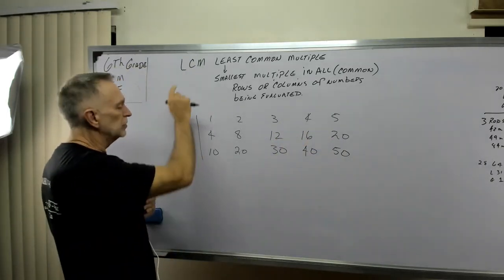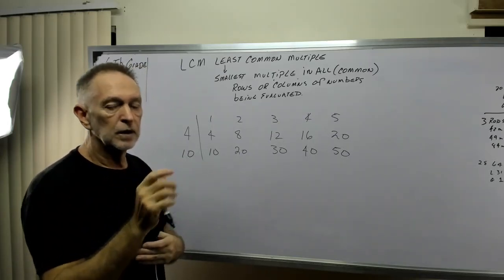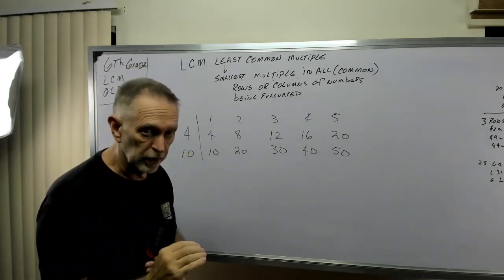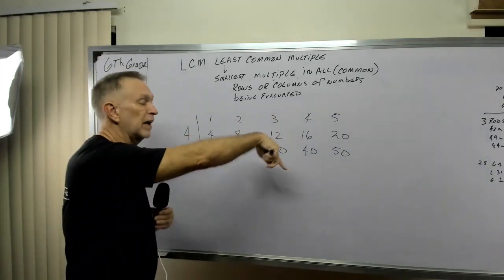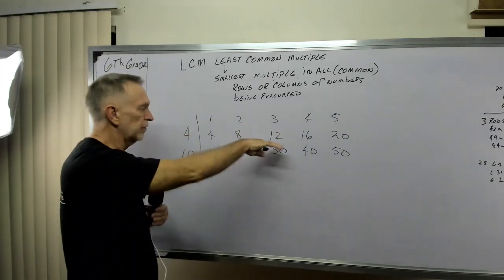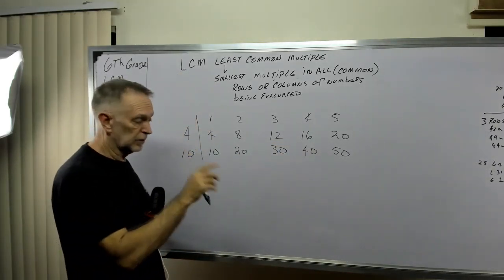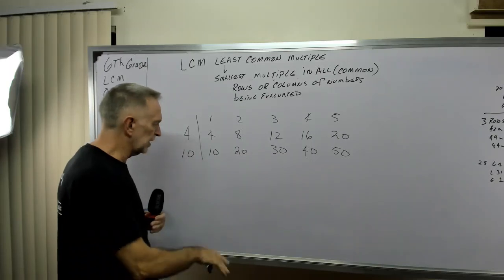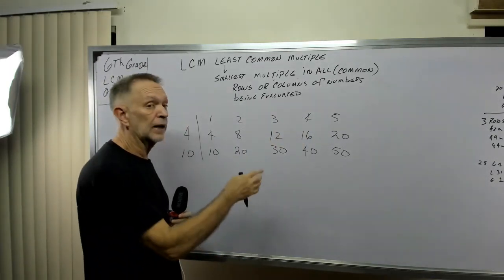So if someone said, what is the least common, in other words the smallest, the word common means it can be found in both of these rows somewhere, if it exists. And if I had 10 rows of data, I would be looking for what's common, or in all.